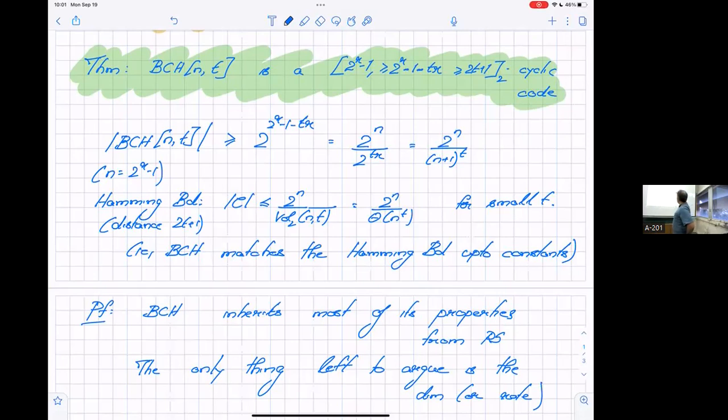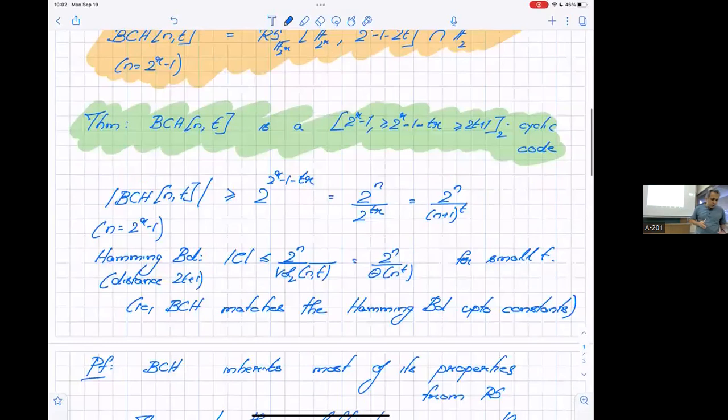Actually, we have all the tools to show 2^r minus 1 minus 2tr. Instead of tr, we have all the tools to show 2 times tr. That's also remarkably good, except that it will not match the Hamming bound. The Hamming bound will give you (n+1)^(2t), which is quadratically off the Hamming bound, not constant off. We'll do a little more work to go from 2t to t.